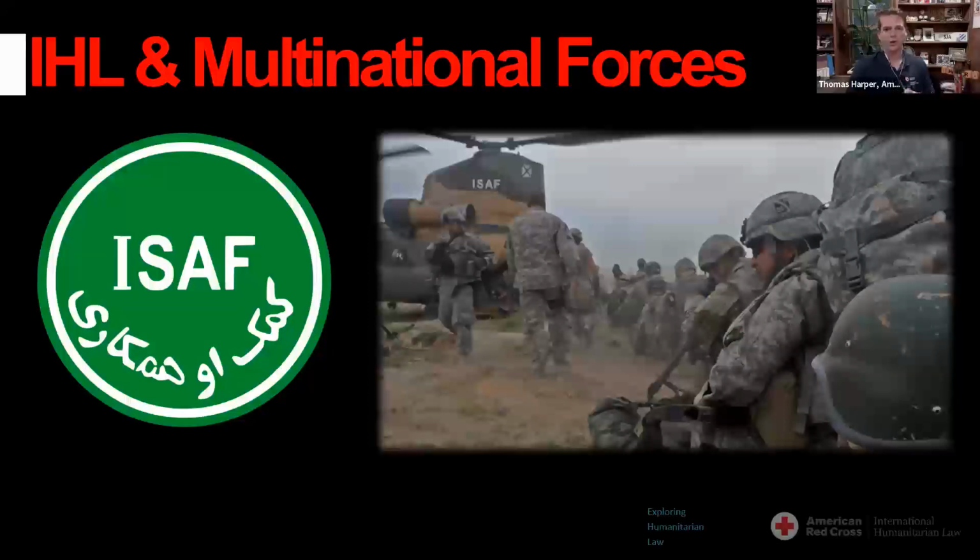Another country within a multinational force may have a different interpretation. They may say, hey, we need to get a little bit closer in terms of the danger threshold before we're comfortable with using force. And that's not to say that any individual nation or military is wrong, but there are aspects of IHL that are going to vary.